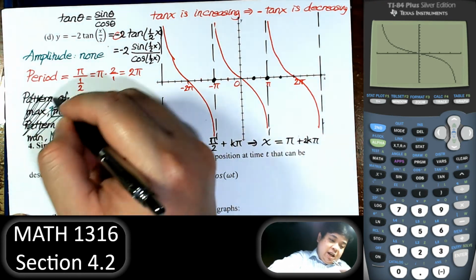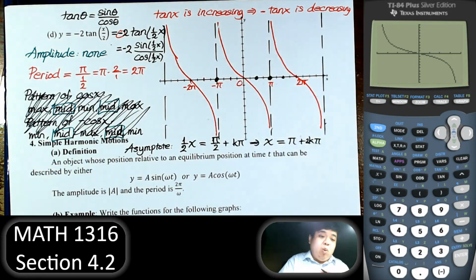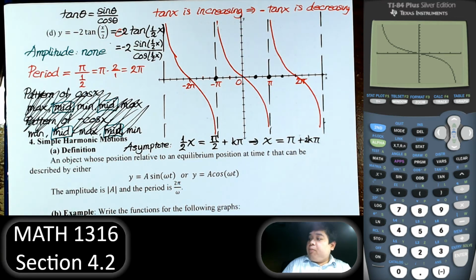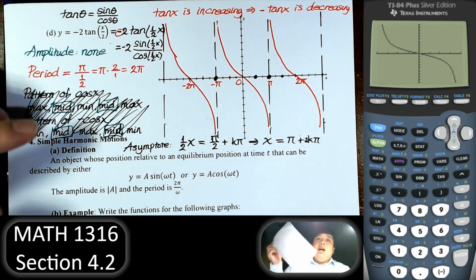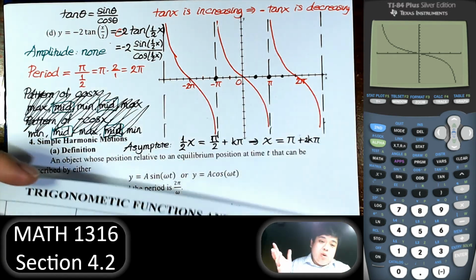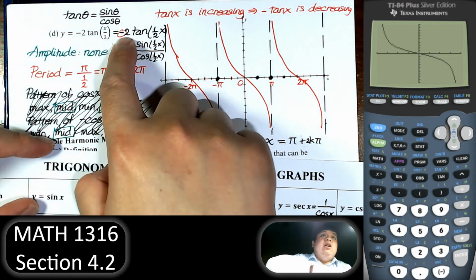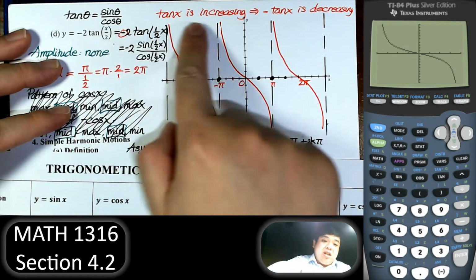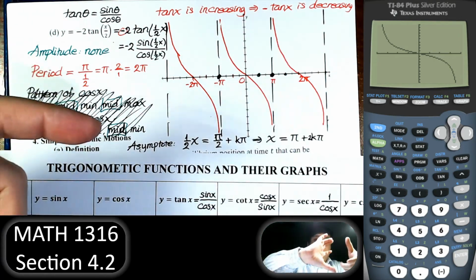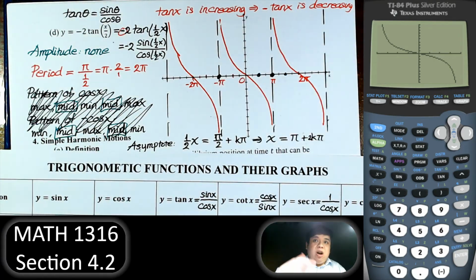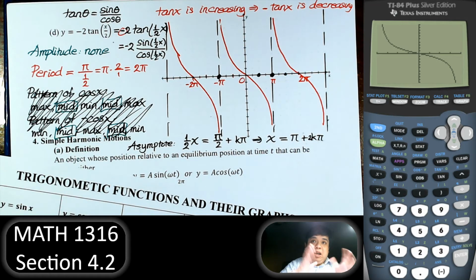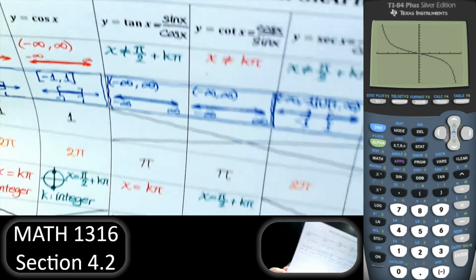But like I said, that doesn't help when it is something else, by which I mean this is cosine of 1/2 x. So look at the pattern. Normally tangent is increasing, but with the negative, it flips upside down: maximum becomes minimum, minimum becomes maximum, and increasing becomes decreasing.